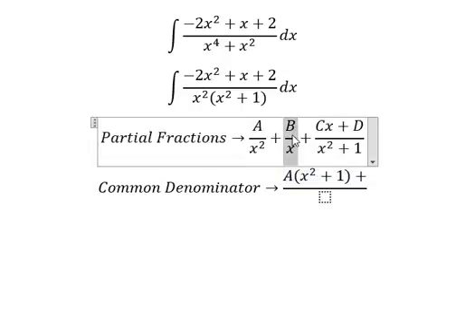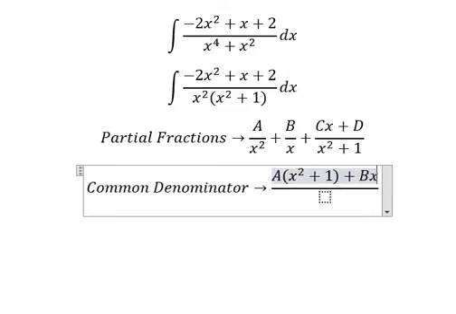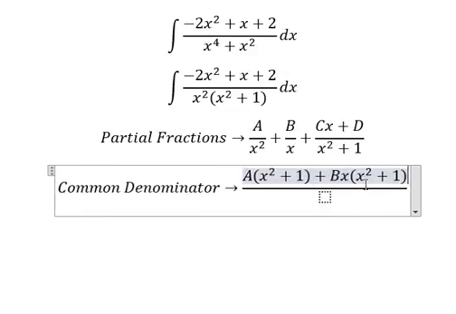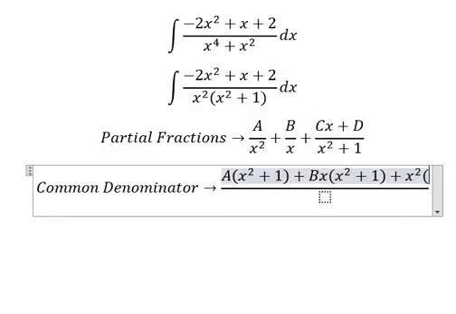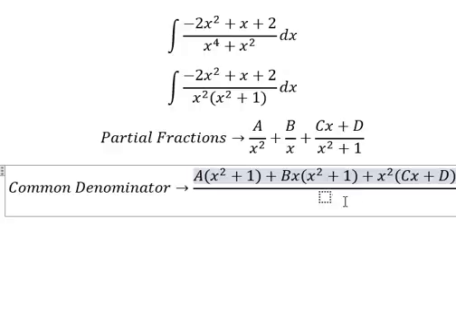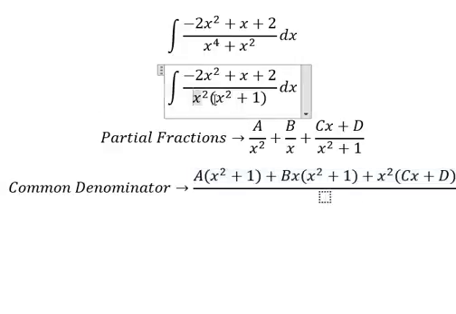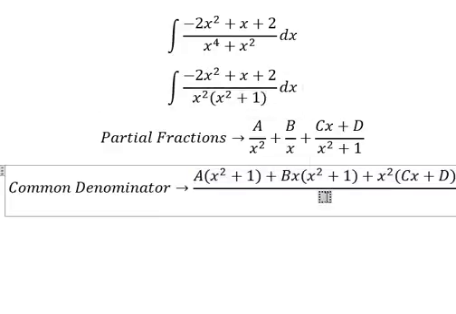About this one, it is missing s and s squared plus 1. About this one, it is missing s squared. This one should be about this one.